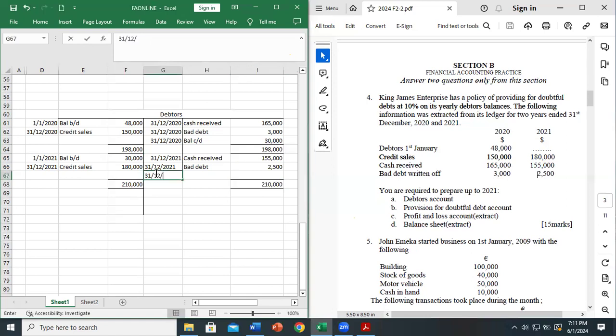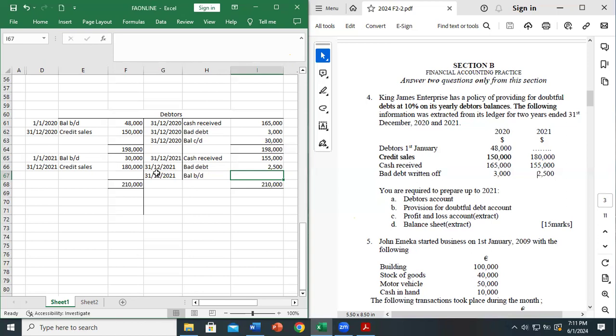So balance brought down. Please help me with the calculation. Nobody is doing the calculation.